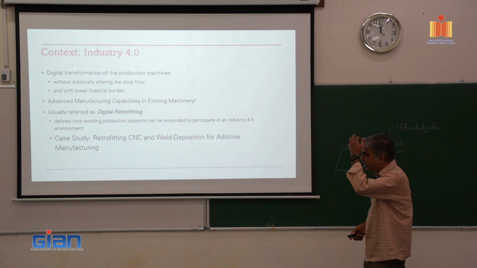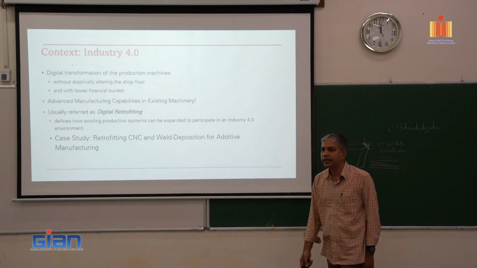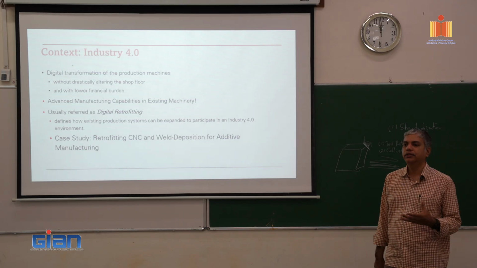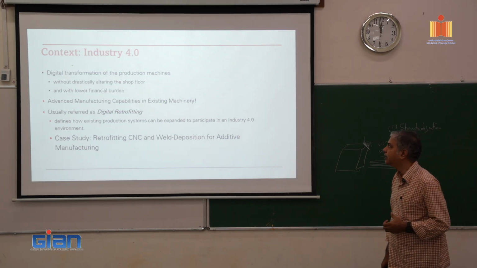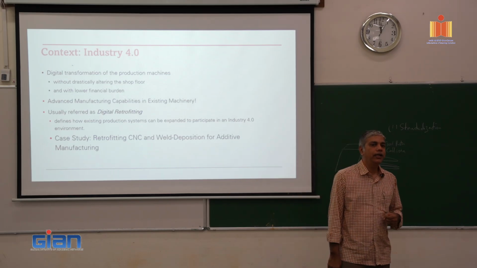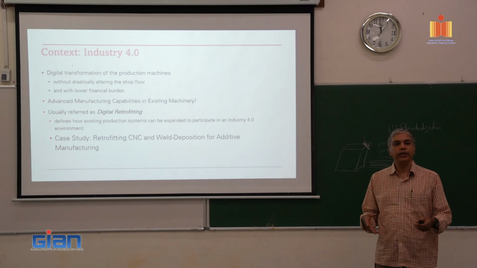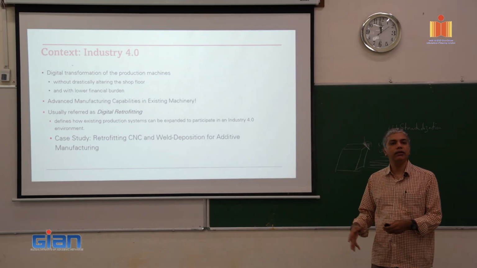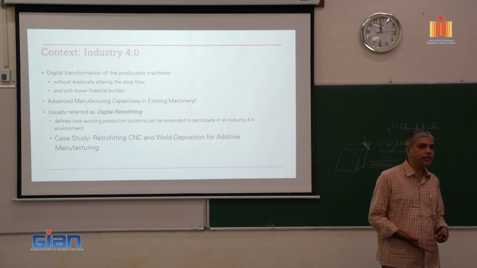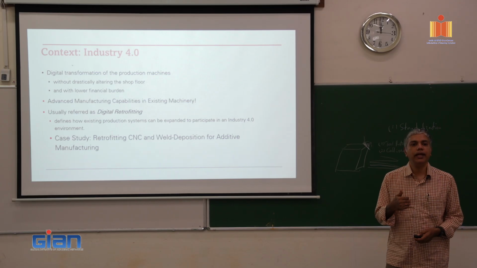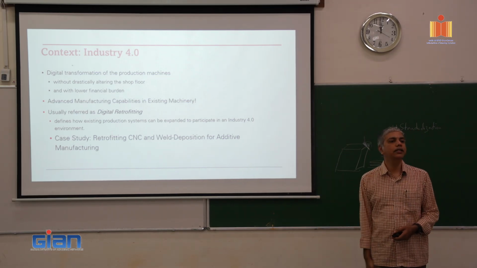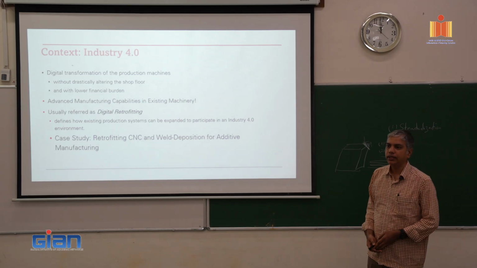The idea here is, can you bring in even digital attributes for an existing machine? For example, if you're talking about Industry 4.0, does it mean that you have to buy a new set of machines, new welding machines, CNC machines, etc., or can you enhance the capabilities of your existing machines to these requirements?